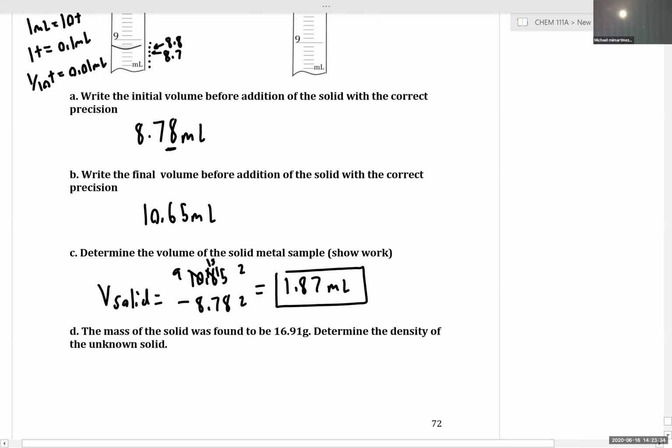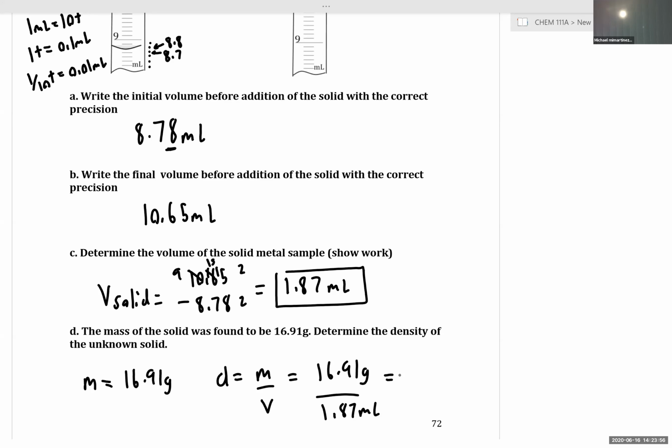Now, we're given that the mass of the solid is equal to 16.91 grams. And if density is equal to mass over volume, we're going to take 16.91 grams and divide it by 1.87 milliliters.